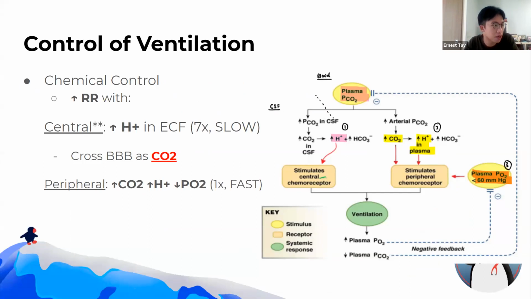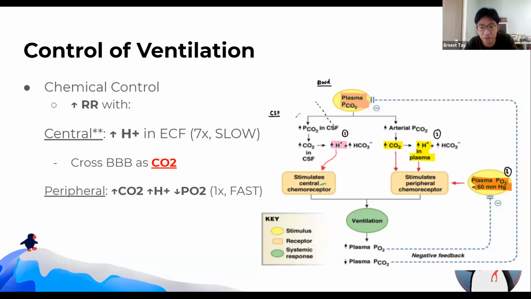Some things to note is firstly that H plus cannot diffuse through the blood-brain barrier. So assuming the plasma CO2 goes into your brain, right? It'll diffuse across the blood-brain barrier as CO2. And then in the cerebrospinal fluid, it will become H plus and stimulate the central receptor.